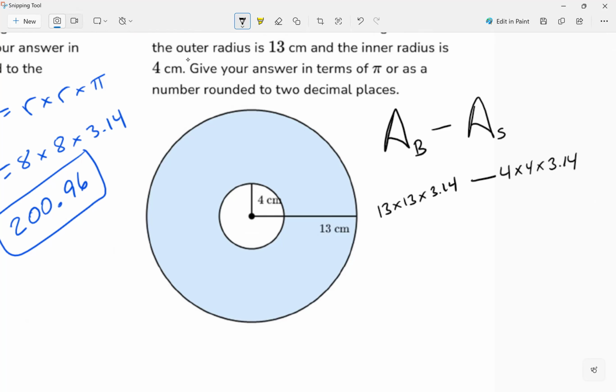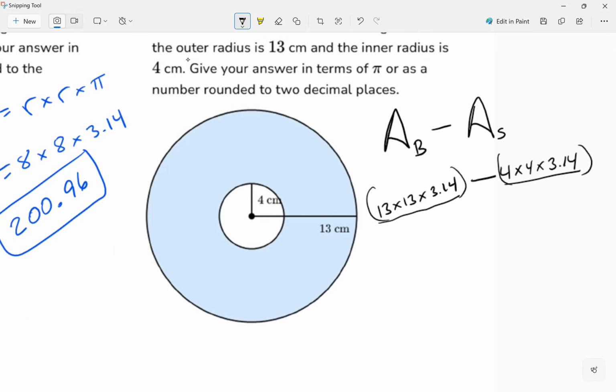I don't really have to get the area of the first circle and then the area of the second circle and subtract them. I can just type it in. The calculator will understand. So 13 times 13 times 3.14 minus 4 times 4 times 3.14. The calculator knows it has to do multiplication first, then the other multiplication, and then just subtract the answers.